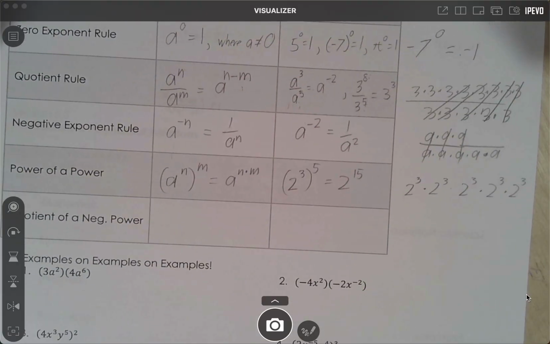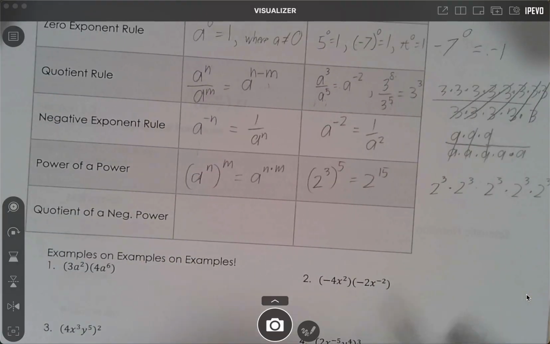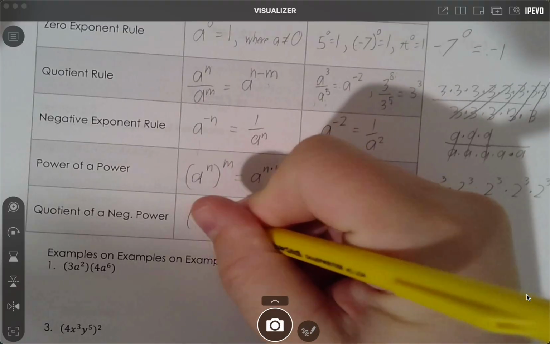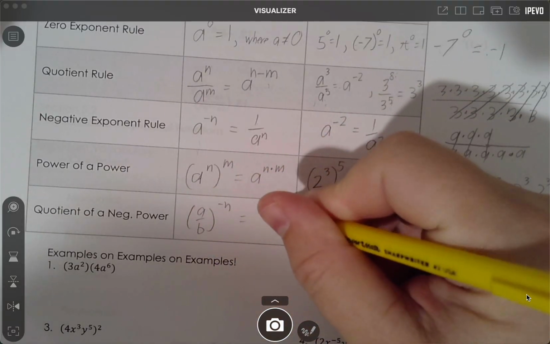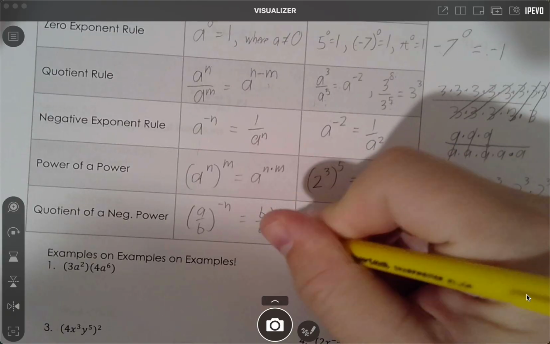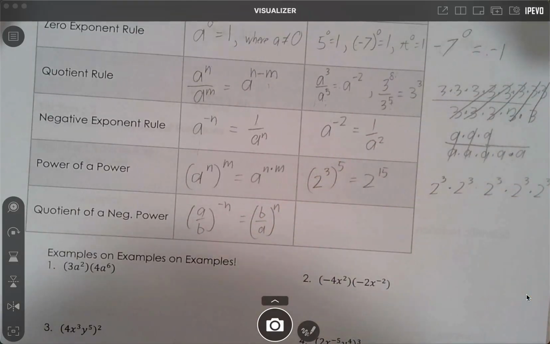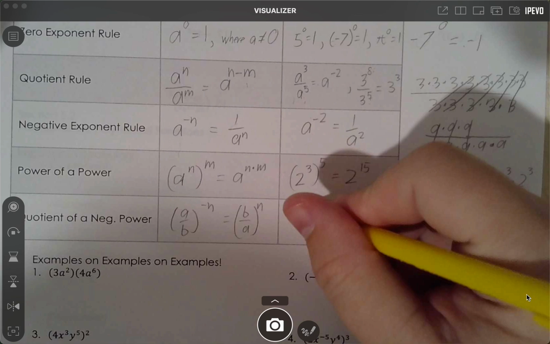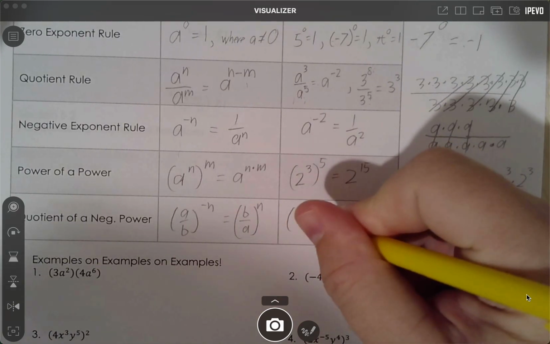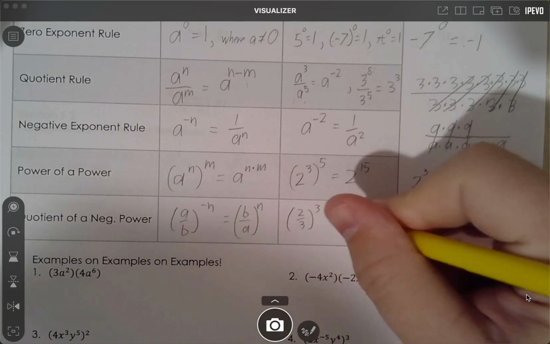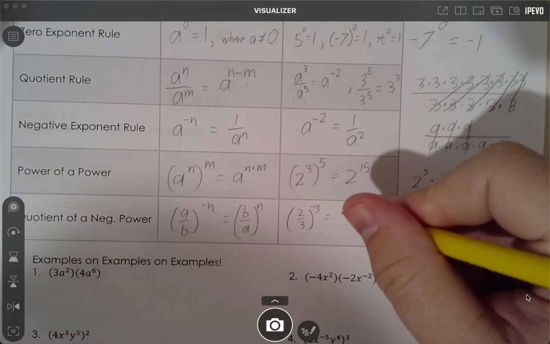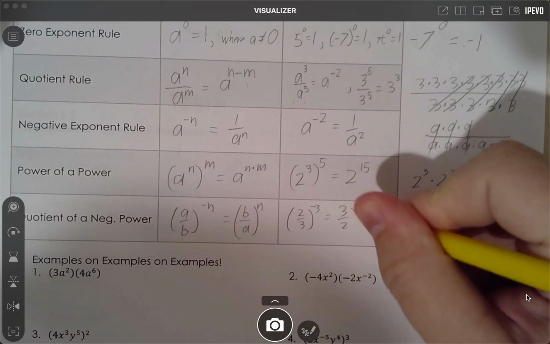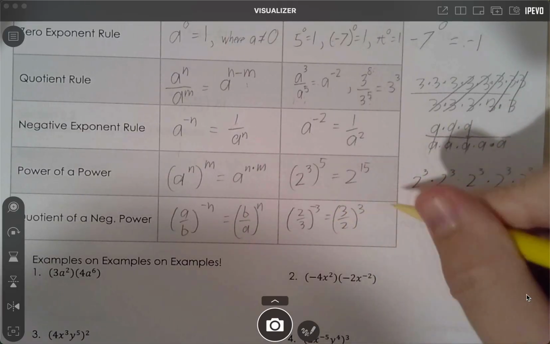All right, finally, the quotient of a negative power. So if I have a over b to the negative n, then that's the same as b over a to the positive n. All right. So if I had something like 2/3 to the negative cubed, then that's really 3/2 to the positive cubed.